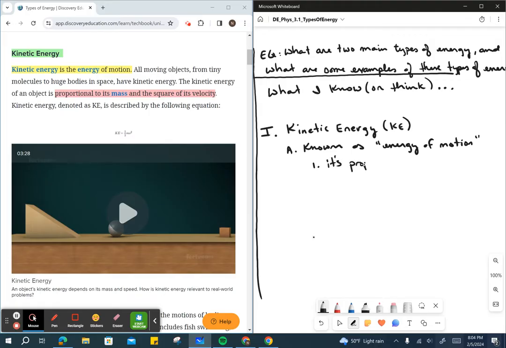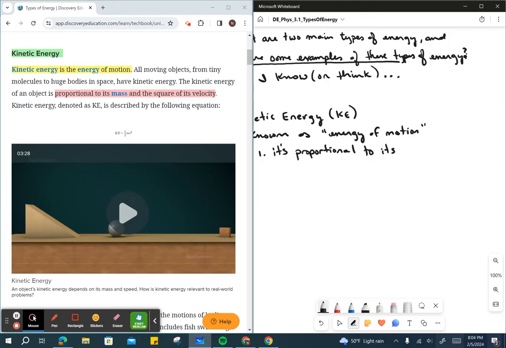So kinetic energy is equal to something like mass, and it's also proportional to the square of its velocity.